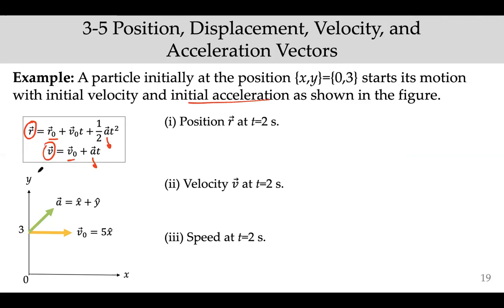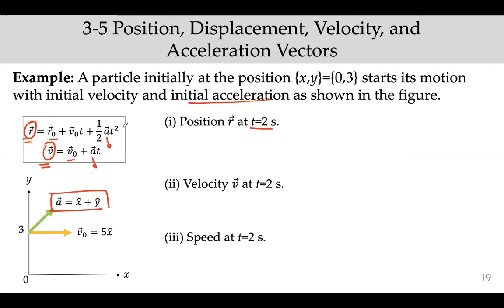If you remember from the earlier chapters, in kinematics we will be dealing with constant acceleration. But of course, velocity at time t and position at time t will change. Now the first question is, what is the position when 2 seconds pass by?